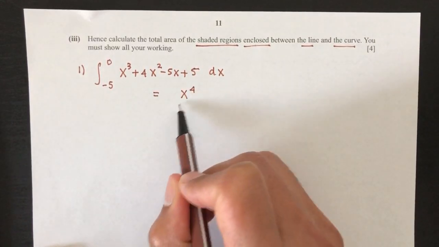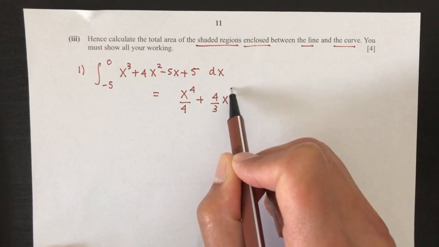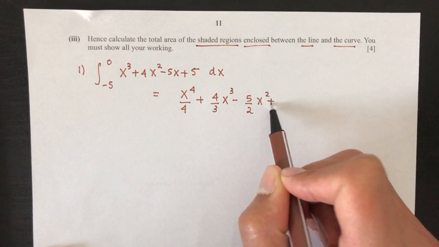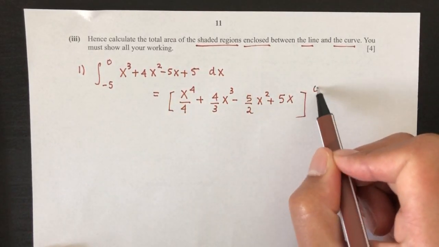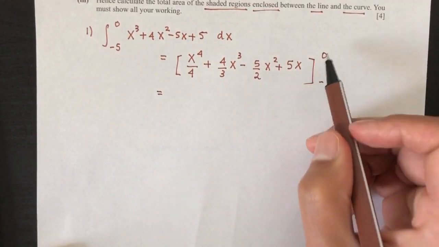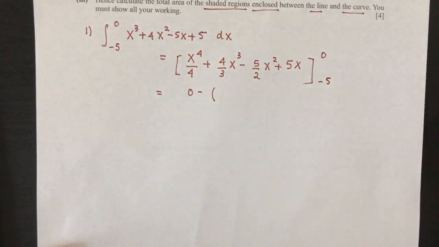So let's find the solution. That will be x to the power 4 over 4 plus 4 over 3 x cubed minus 5 over 2 x squared plus 5x, between 0 and minus 5. So let's do that. You will have 0 first, so that will be 0 minus, so minus 5 will be what?